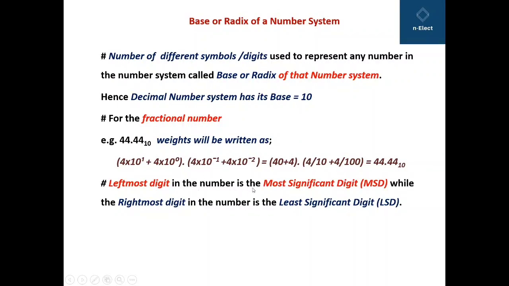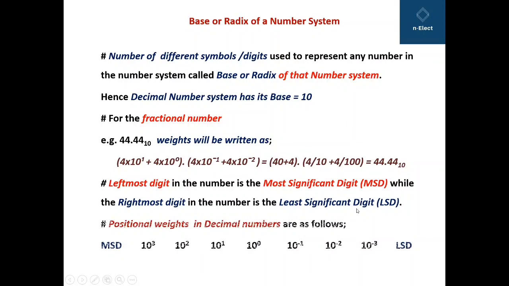The leftmost digit in the number is the most significant digit, that is MSD, while the rightmost digit in the number is called the least significant digit. We will see it through an example. Positional weights in decimal numbers are as follows. Generally the weights are written like this: 10 raised to power 0, 10 raised to power 1, 10 raised to power 2, 10 raised to power 3, 10 raised to power 4.